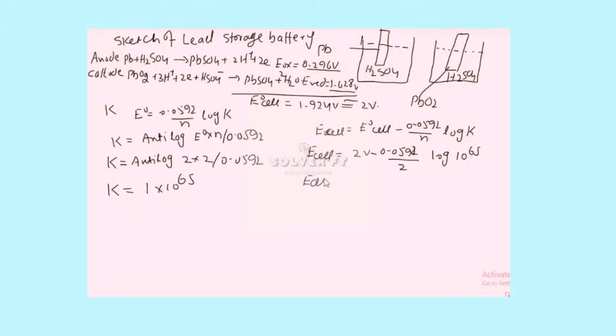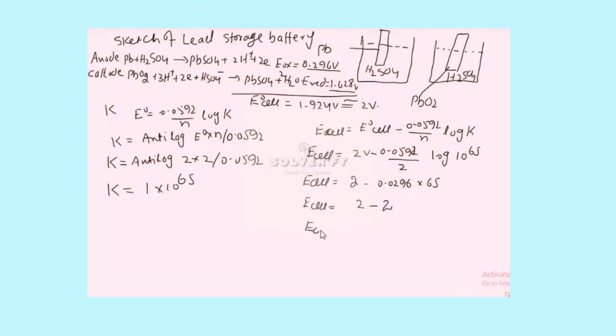E cell is equal to 2 volt minus 0.0296, when we divide 0.0592 by 2 we get 0.0296, and log of 10 raised to the power 65 is equal to 65. So E cell is equal to 2 minus the product of the two values, which is approximately equal to 1.924, which is equal to 2.